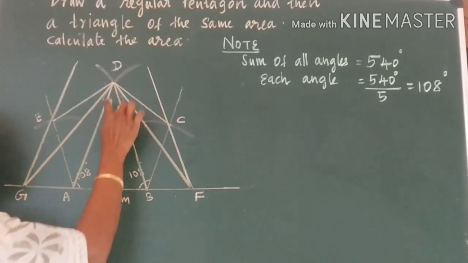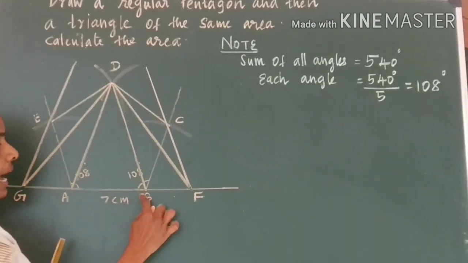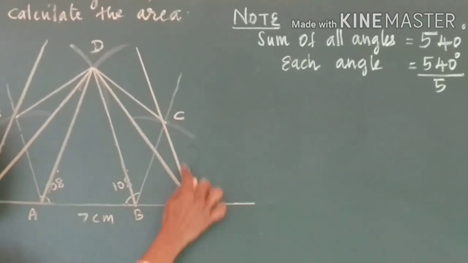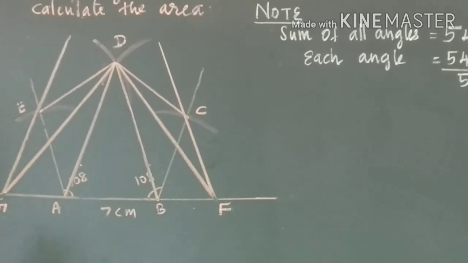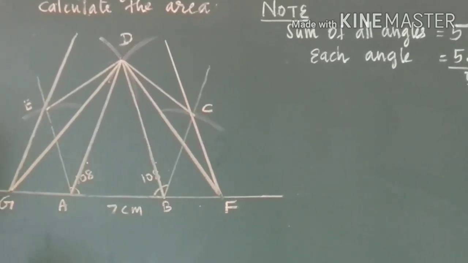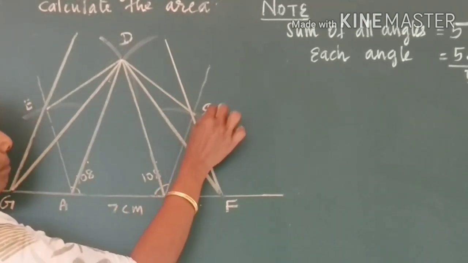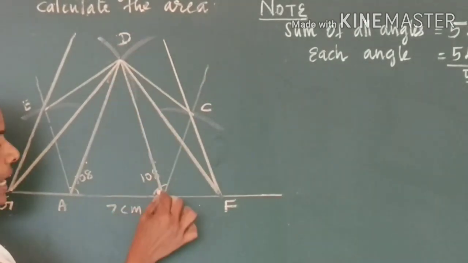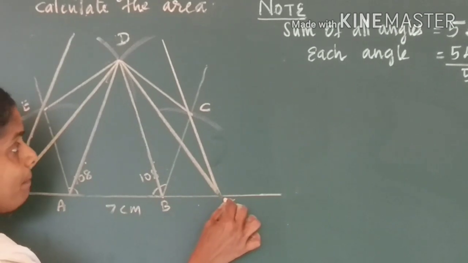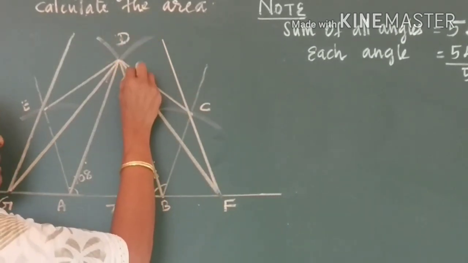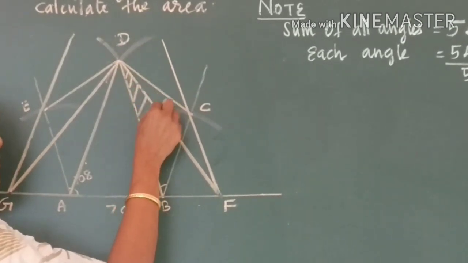They have the same base and their third vertex is on a line parallel to the base. So they have the same area. So instead of BCD, we can also consider BFD. Let me shade this area.